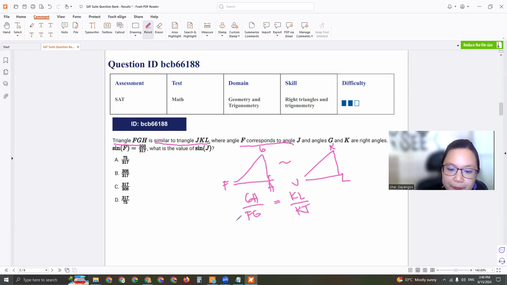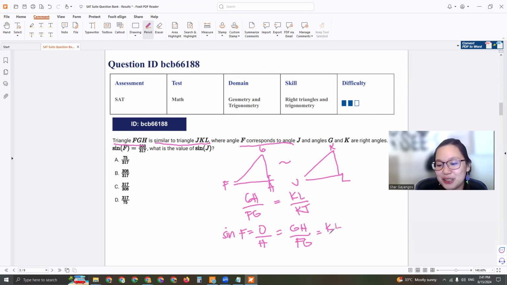Because remember, sine F is equal to what? Opposite over hypotenuse, correct? And the opposite side to F is GH, and the hypotenuse is FG. And what do we know? This is equal to KL over KJ, right? And what is KL over KJ?